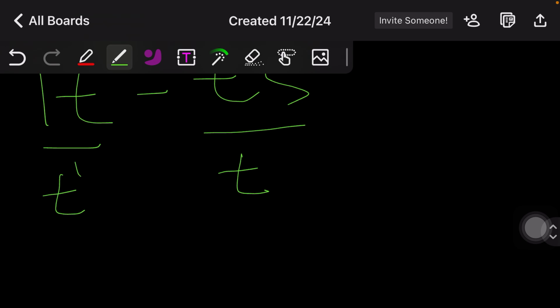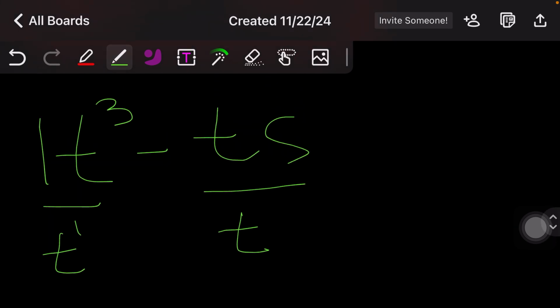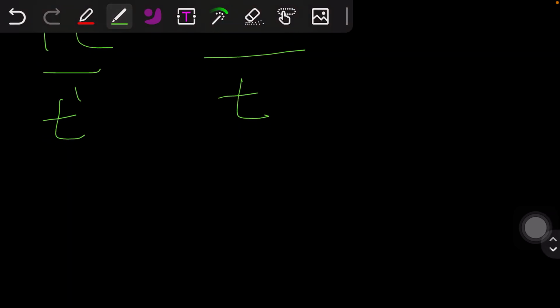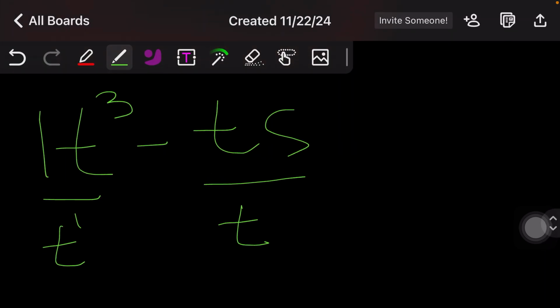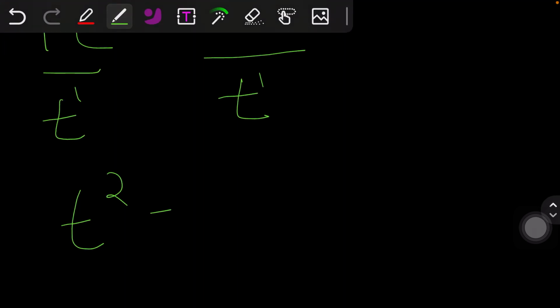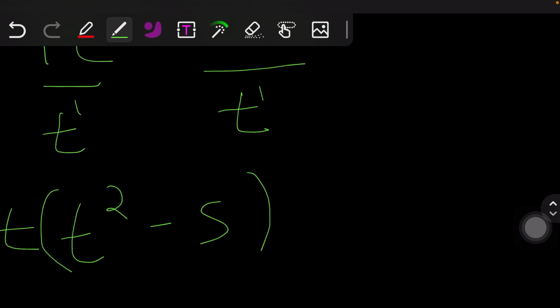Of course, there are some things that are implied. T to the first is the same as t. So we're going to divide that out of both of these because we have t to the first in both terms. That's going to give us t to the second minus s, and we're going to have t left on the outside.